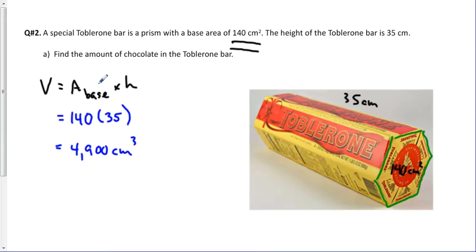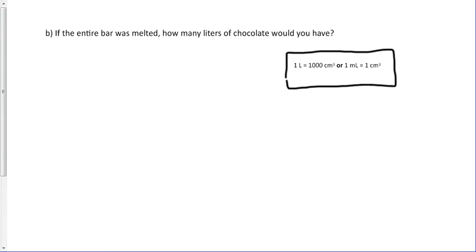Let's finish off. I thought it'd be interesting, because not everybody can visualize how much chocolate that is, in centimeters cubed. But if we think about it another way, if we were to melt that and drink this Toblerone bar, how many liters? Because everybody knows what a liter or 2 of milk looks like. A liter of milk is like 1,000 of these centimeters cubed.